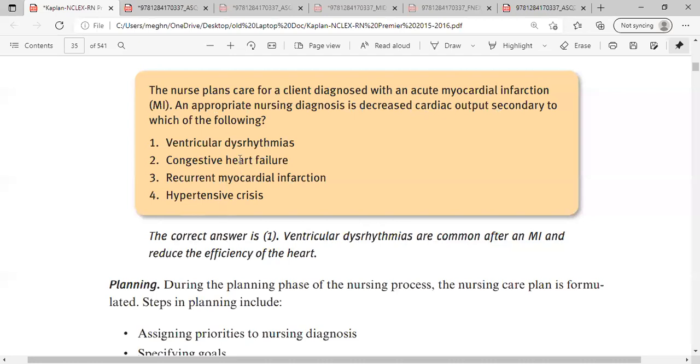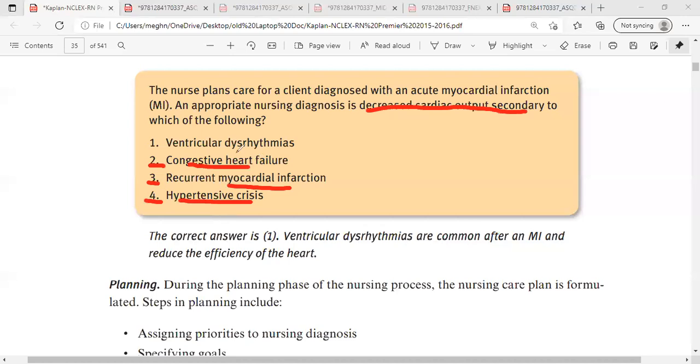To answer this question, you do not need that much experience. Why? The appropriate nursing diagnosis is decreased cardiac output, so this is the mechanism or pathophysiology, right? Options 2, 3 and 4 are disease names: hypertensive crisis, MI, and congestive heart failure.